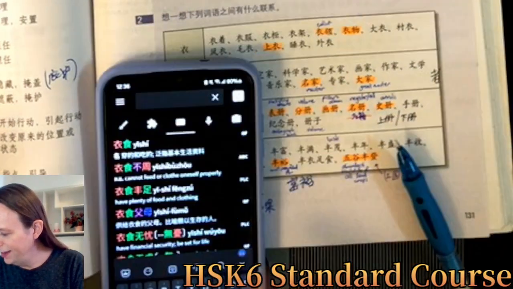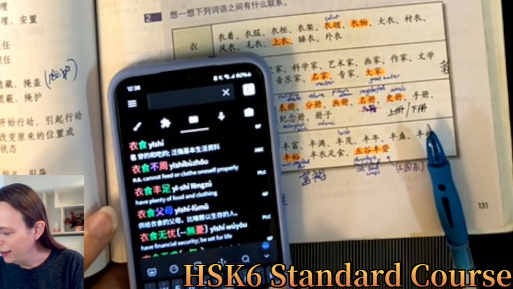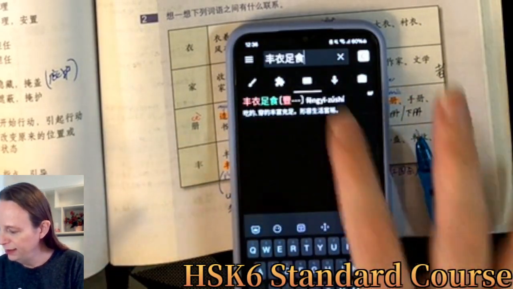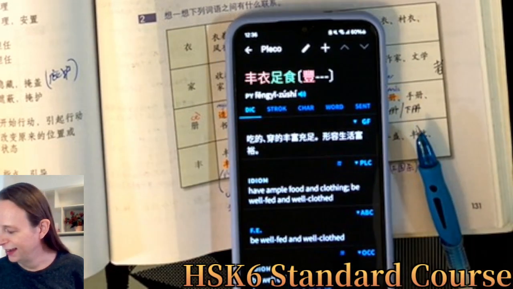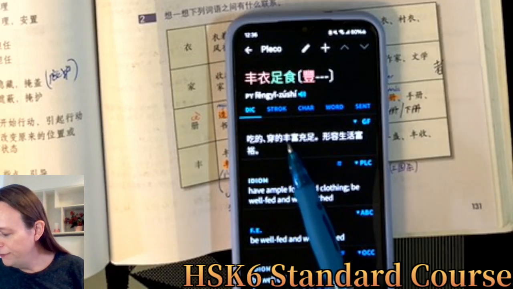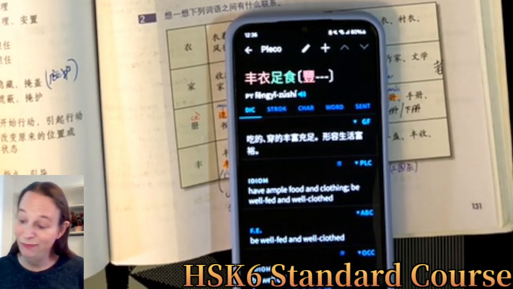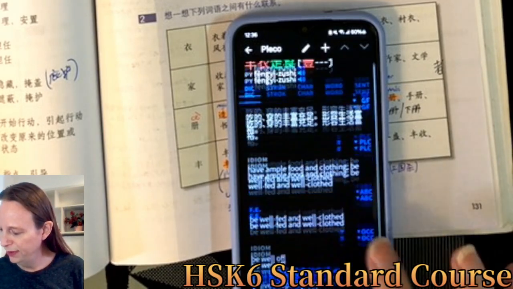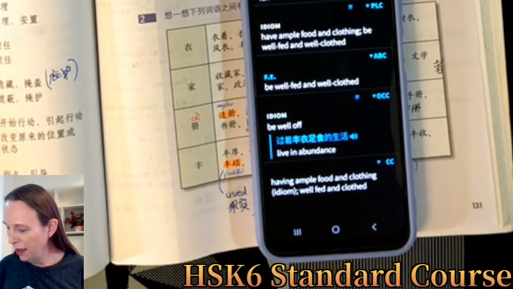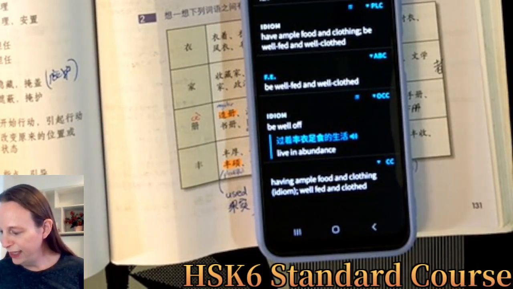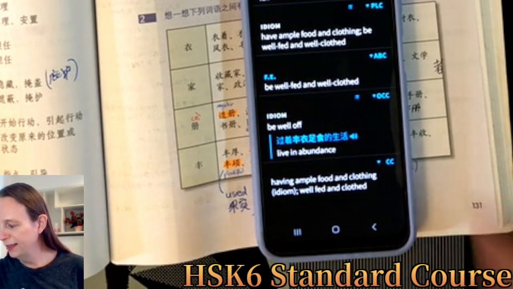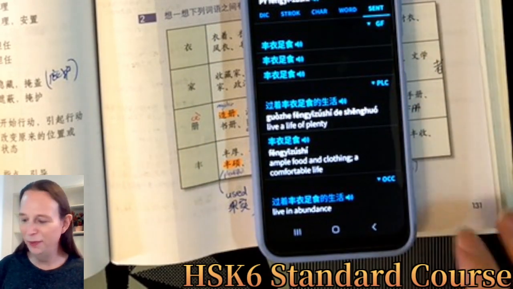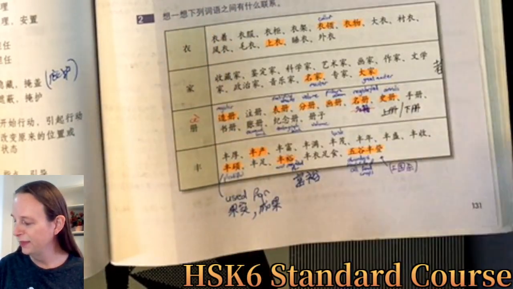So this is the same thing, but different order. 丰衣足食. This one I think is more common. 吃的穿的丰富充足. 形容生活丰裕, well off in life. Okay. 过着丰衣足食的生活. Yeah, not very common, or not many examples.